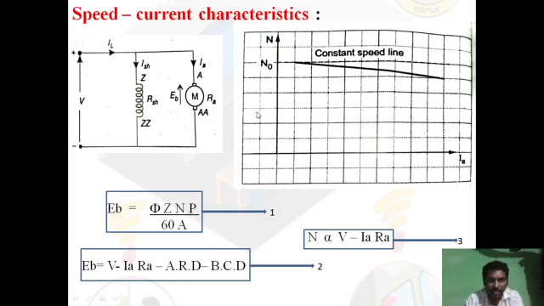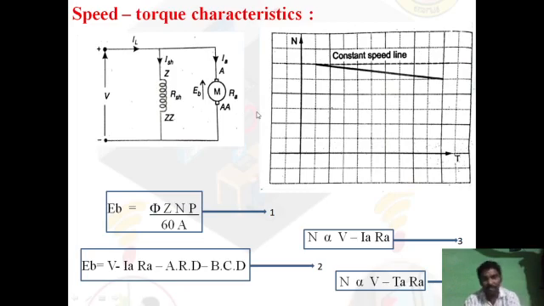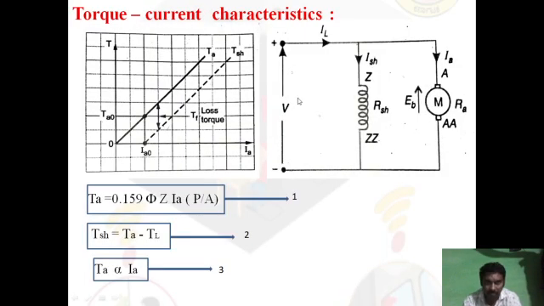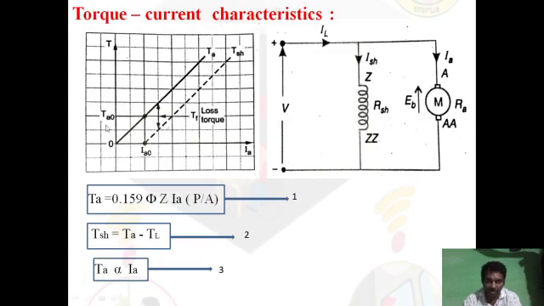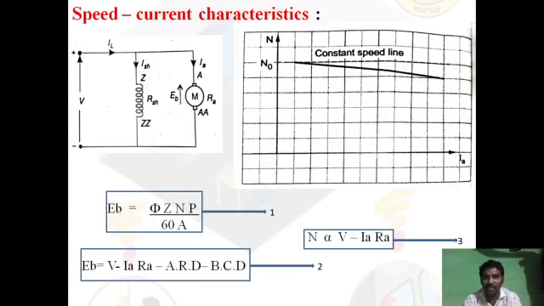So let us move to the next characteristics, that is the speed torque characteristics, or it is called the mechanical characteristics. In the previous two characteristics, a current was there, which is an electrical parameter, so we were calling them electrical characteristics.